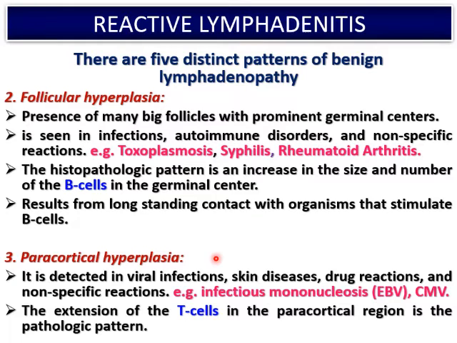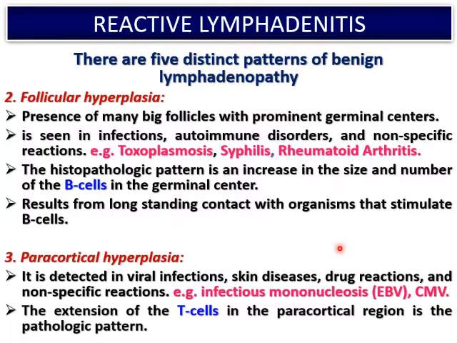The third type is paracortical hyperplasia. Usually it is characterized by extension of the paracortical area, which is characterized by the presence of T cells. So we have enlargement and extension of the paracortical region, and usually it occurs in case of viral infection, most like Epstein-Barr virus infection that can cause a non-neoplastic disease.